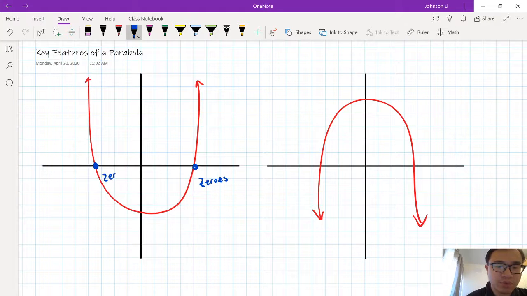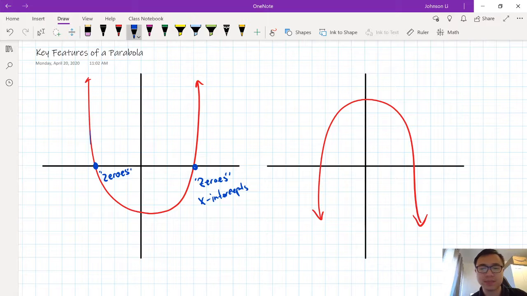The points that I've marked in blue here, we call them zeros because these are the same thing as our x-intercepts, okay? These are x-intercepts in the sense that these red lines cross our x-axis. That's why we call them zeros, because that is when our y value is 0, and that is when it touches this horizontal axis that we have here, okay?